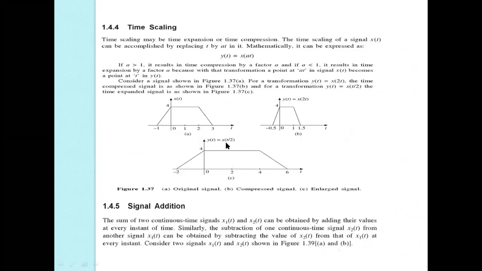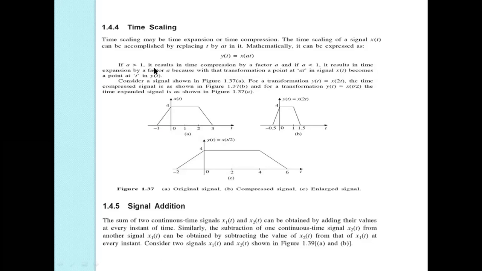Understood, my students? Now if you take x of t by 2, when I am multiplying, it is compressed. When it is divided, it means expanded. Expanded towards -1 to -2, 3 to 6. Here 3 is half, 1.5, and -1 is half, 0.5, means it decreases, not increases, it reduces or compresses.